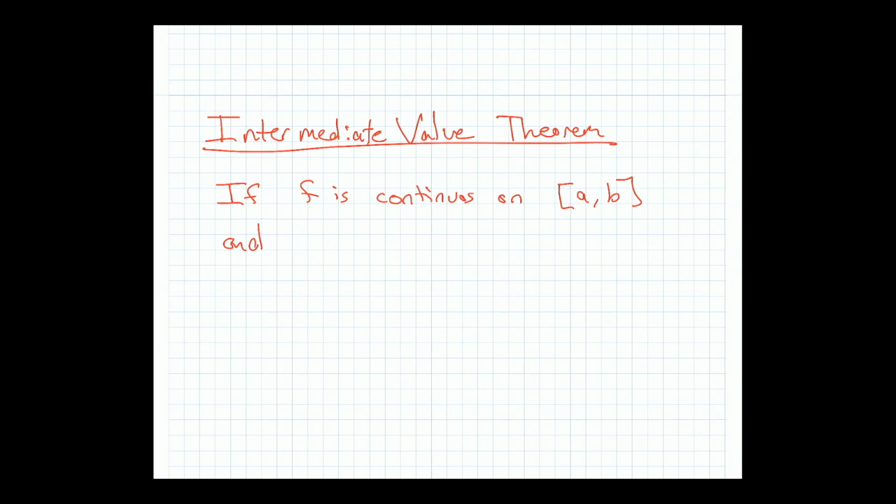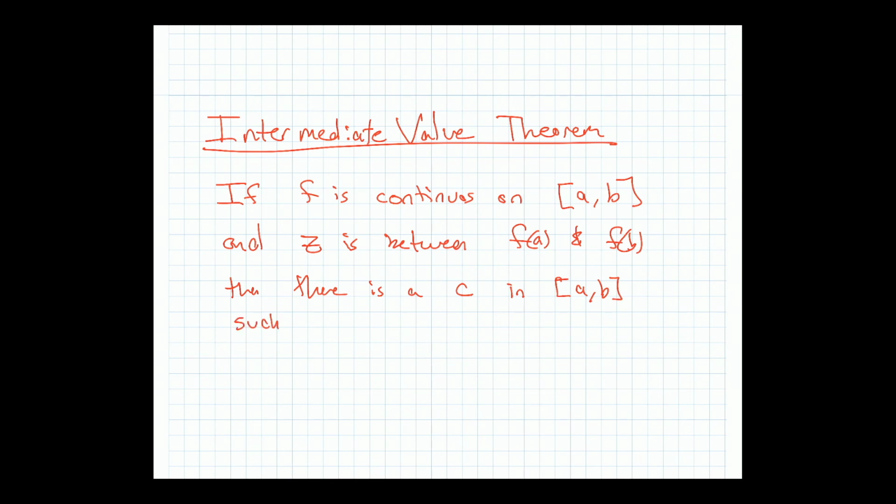If f is continuous on a, b and Z is between f of a and f of b, then there is a c in a, b, that's an interval a, b, such that f of c equals z.